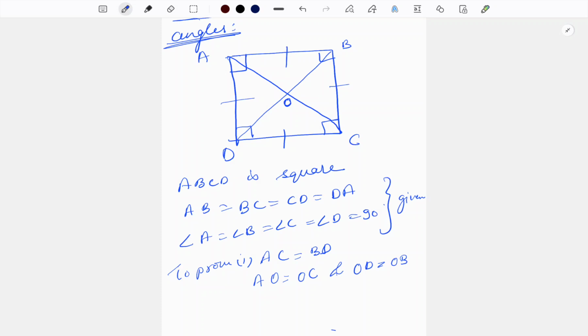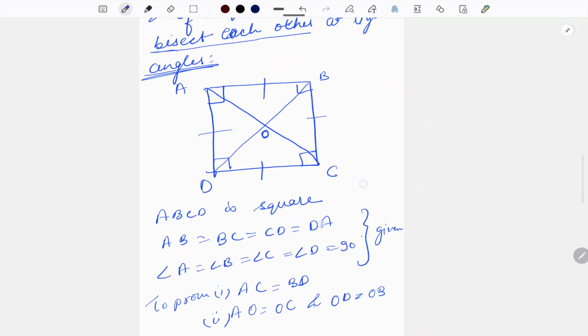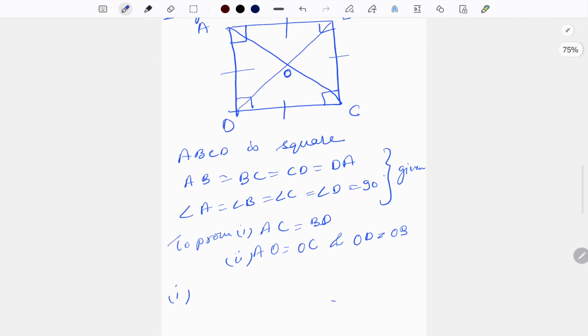So for the first part, let us take the two triangles. Let us draw them separately. ACD.